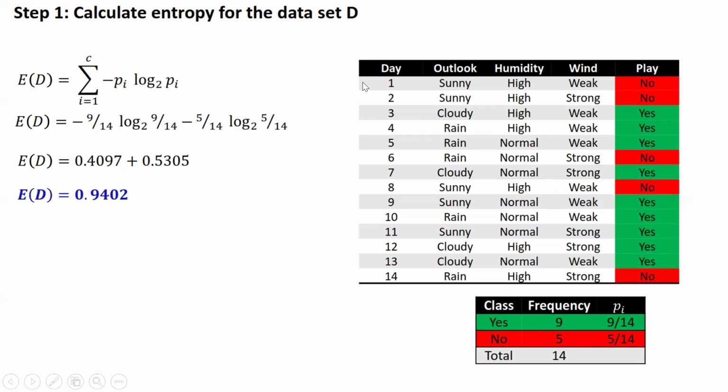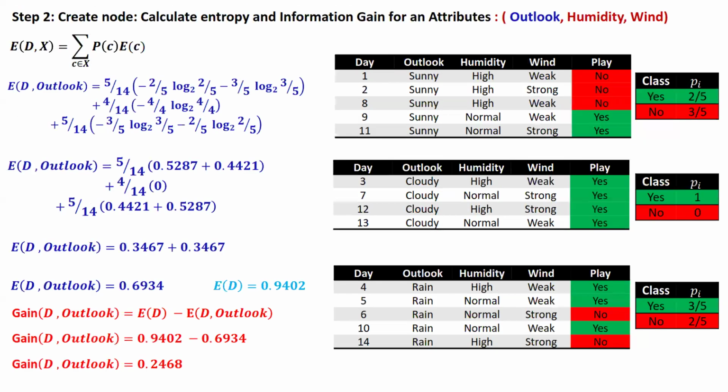First, the subset where the outlook is only sunny; you extract that subset of data alone. The second one, when the outlook is cloudy, we have 4 days. And when the outlook is rainy, there are 5 days.